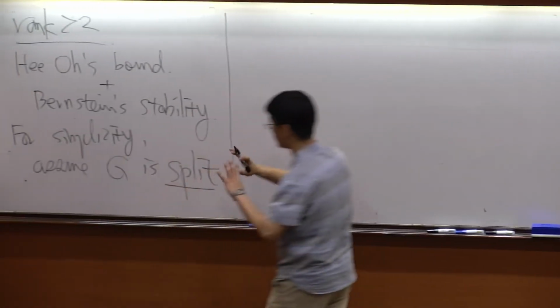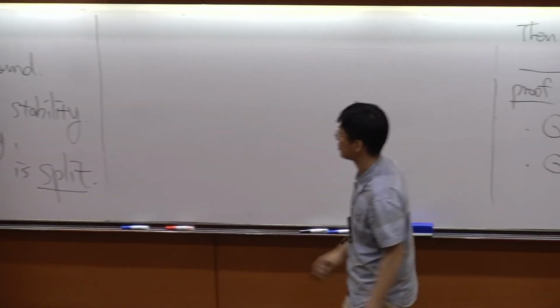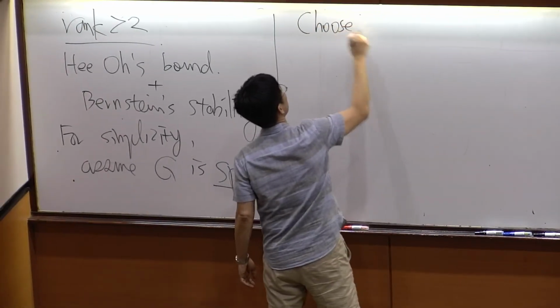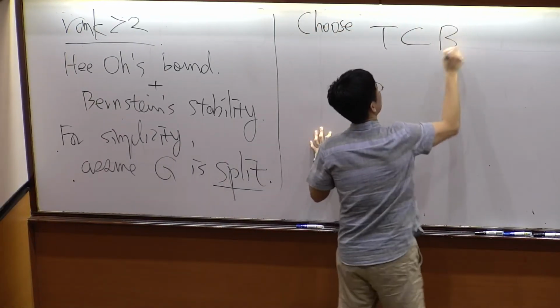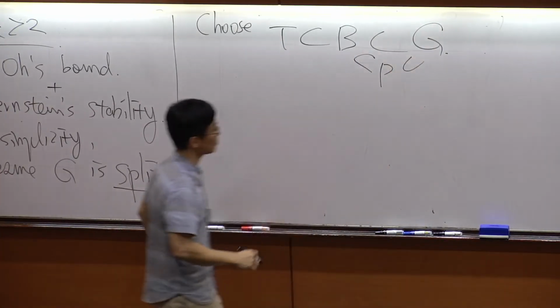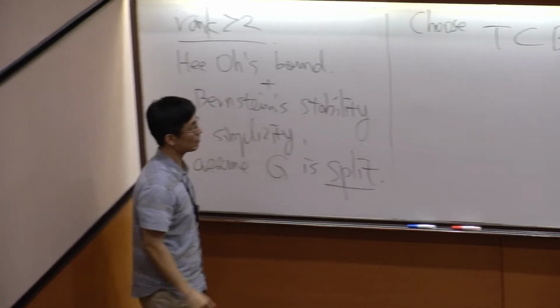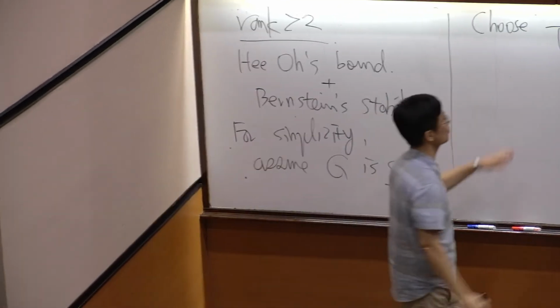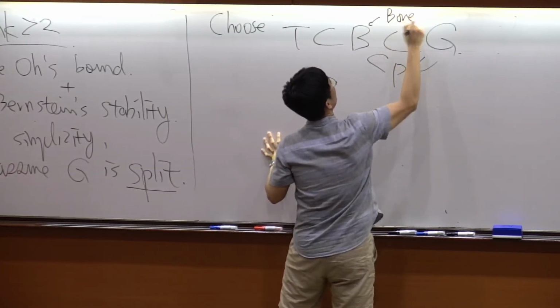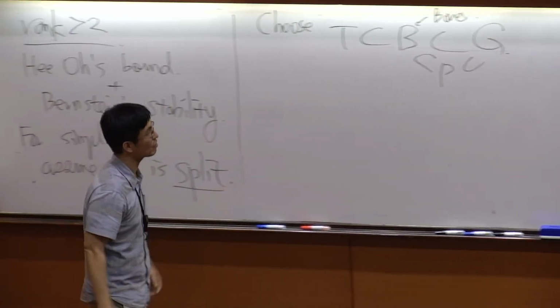And still simply connected and rank greater than or equal to 2. So we choose, and maybe assume that P is actually a standard parabolic. So we choose a maximal torus, and B is the Borel. P is my parabolic subgroup.